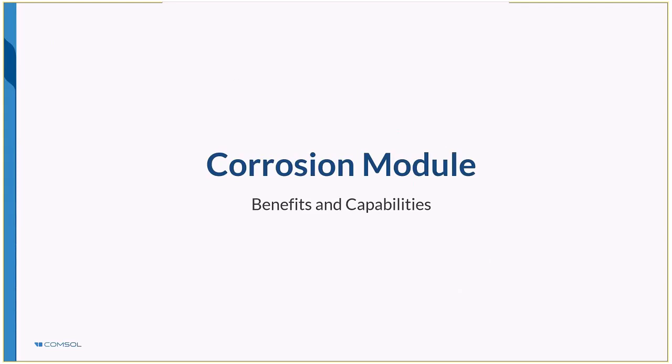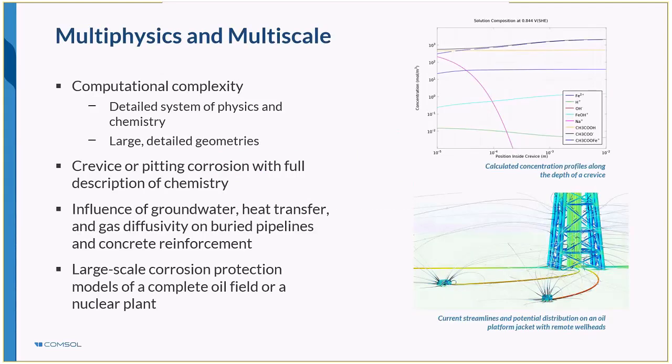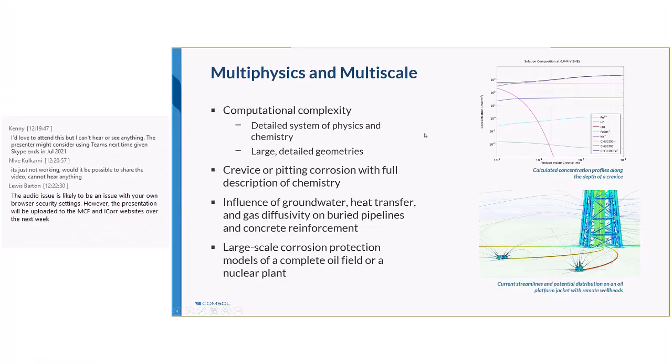So now we're going to have a look at the corrosion module and its benefits and capabilities in a little bit more detail. In terms of the main benefits we have with the corrosion module, we can combine a lot of detail with our physics and our chemistry together within our single model. So we can account for the detailed physics and chemistry of, say, our crevice corrosion here, so we can look at the concentration profiles within our crevice. But we're not limited to just looking at small structures, so we can, again, look at perhaps our larger structures, so our oil platform here.